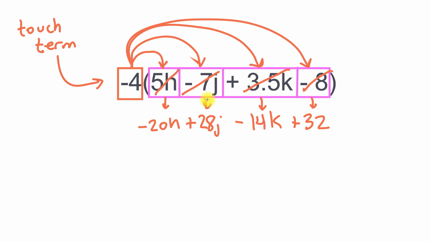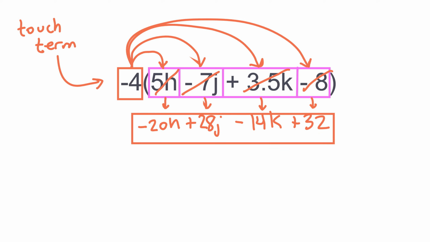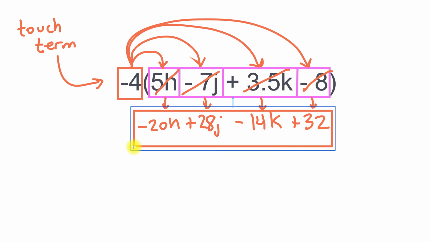And remember, when we're talking about the separate terms, we say positive or negative. But when we read the entire algebraic expression, like our answer here, let me just box that real quick. When we look at our entire expression, that's when we read it with plus or minus. So this is negative 20h plus 28j minus 14k plus 32. And remember that the question was asking for the equivalent expression.